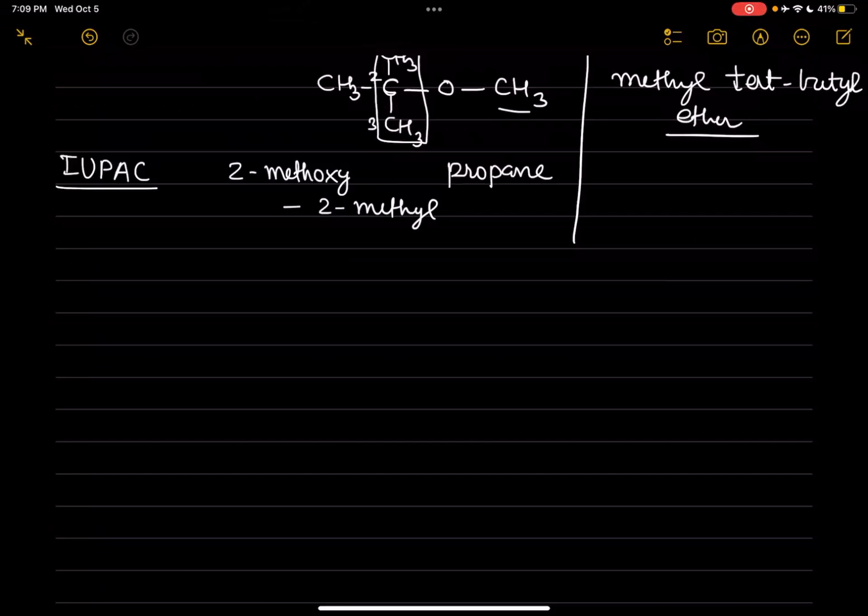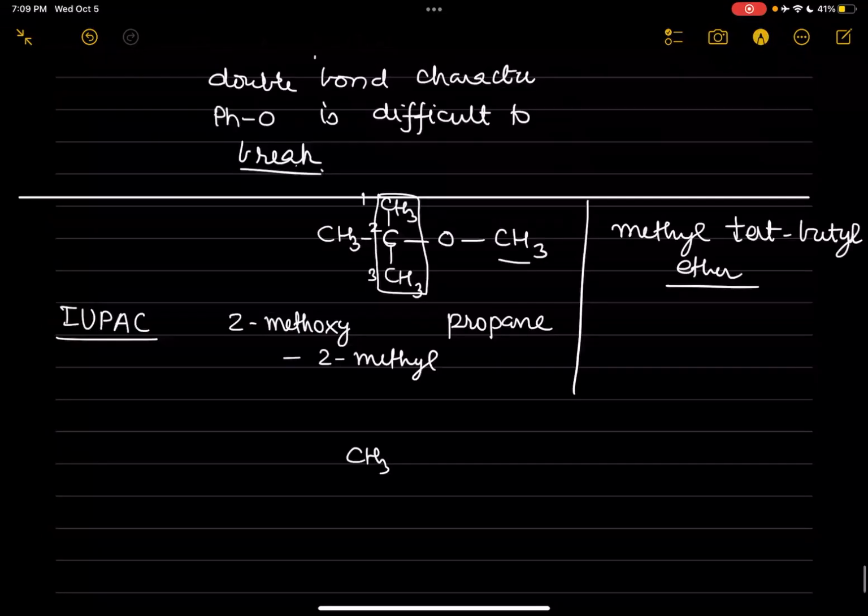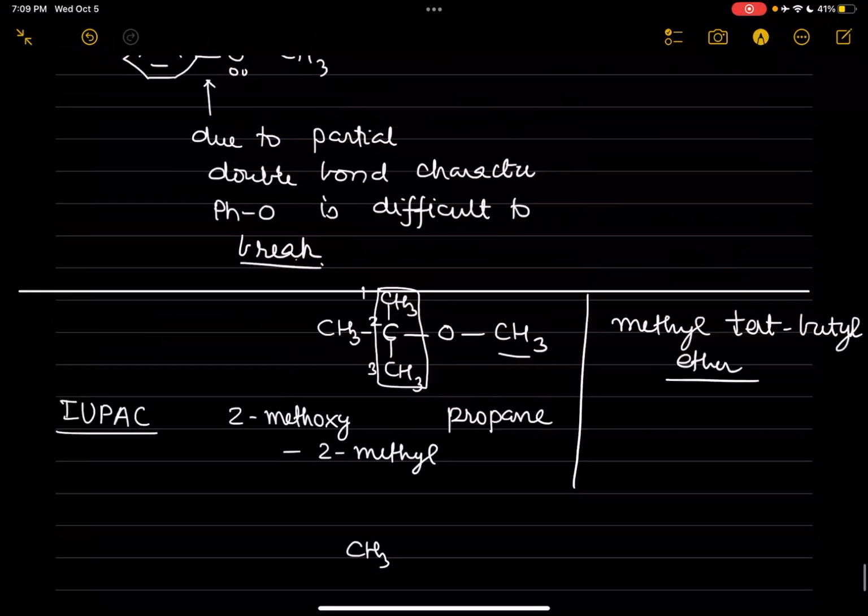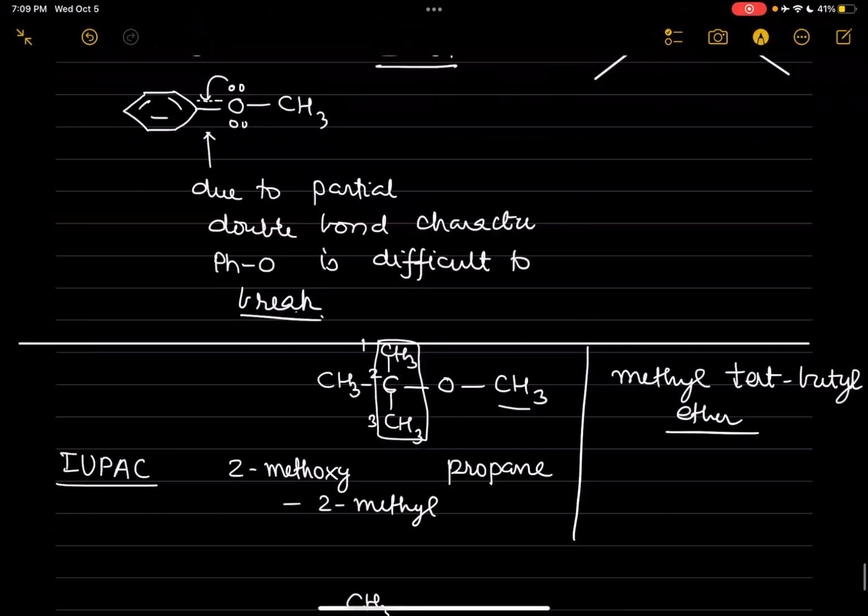Okay. Now the next thing is, you made this ether in Williamson ether synthesis, where you took the methoxide or the tertiary butoxide as the alkoxide ion and methyl iodide as the alkyl halide.